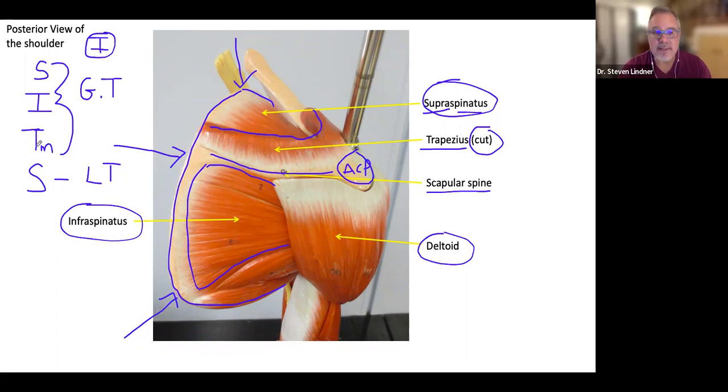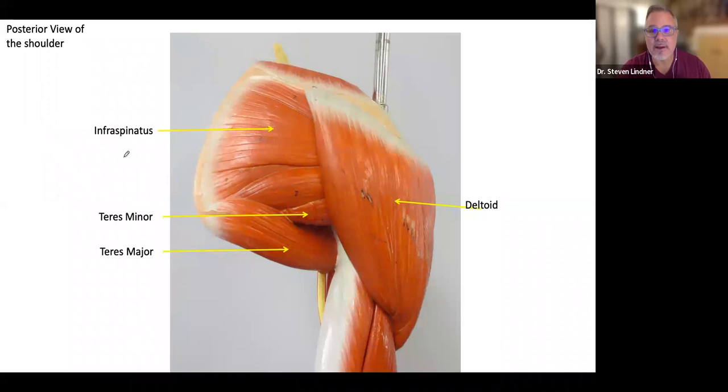We'll get into Teres Minor in just a second, because now here we can see, again, here's the vertebral border, aka medial border of the scapula. Here's the scapula spine. This is the upper trapezius that's cut, right? That's the upper trapezius.